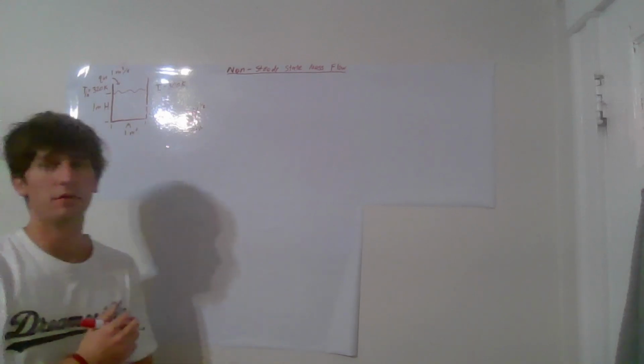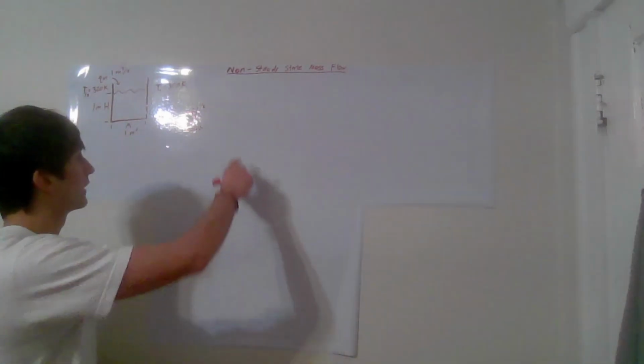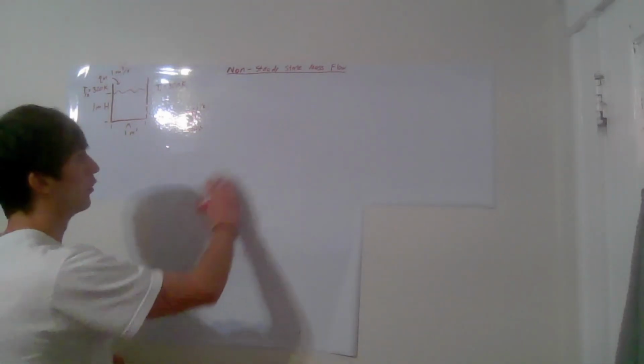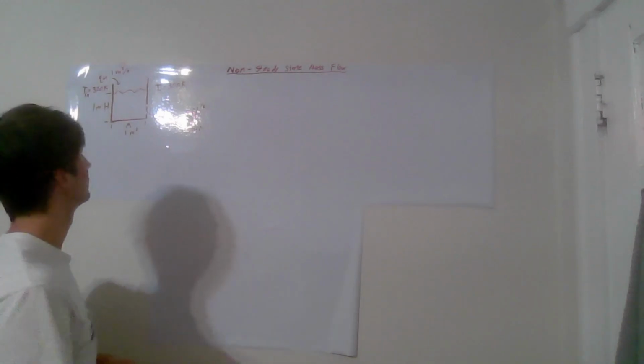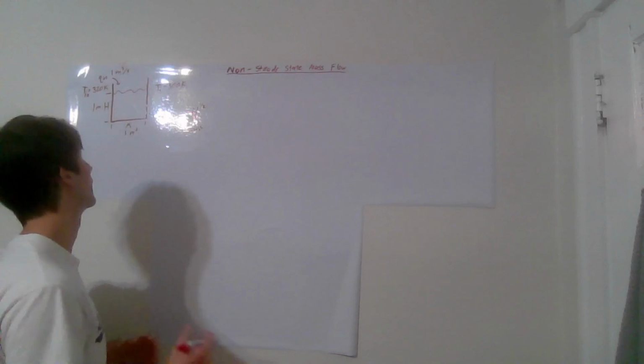What we need to do now is, in the future, we're going to be plotting the temperature as well as the height over time with our equations. So we're going to set up an equation so that we can do that.